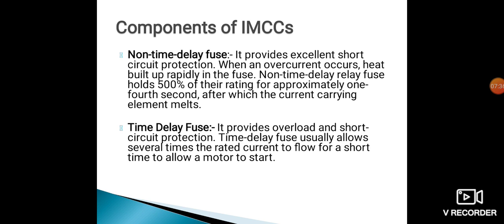Once overcurrent is allowed in the no time delay fuse, but in the time delay fuse overcurrent is allowed several times. So this fuse is specially designed for the starting of the motor. Starting the motor takes a very high current, so for protection against this high current, the time delay fuse is used.